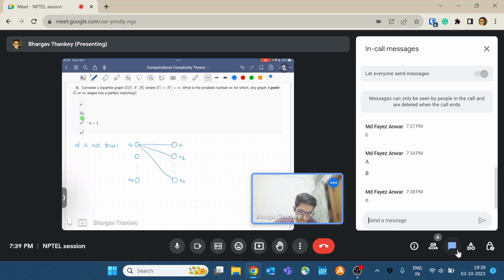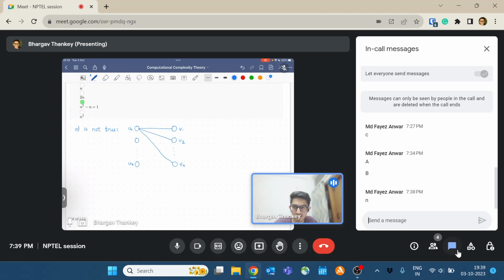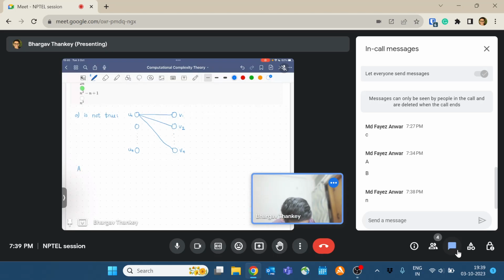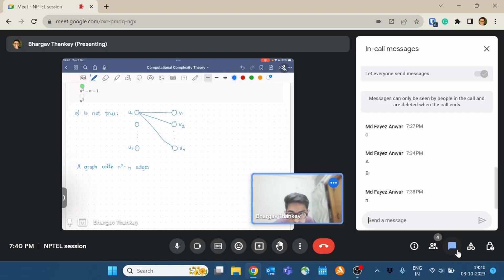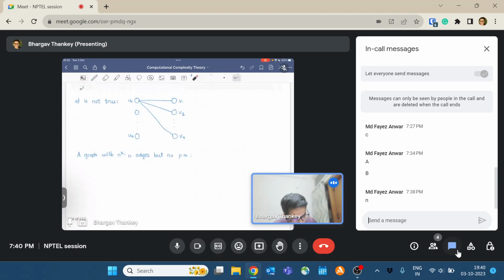Okay, so before I prove that C is correct, let me show you one more thing, that there are graphs with n square minus n edges which have no perfect matching. It's mostly similar to this. Let me just copy this.